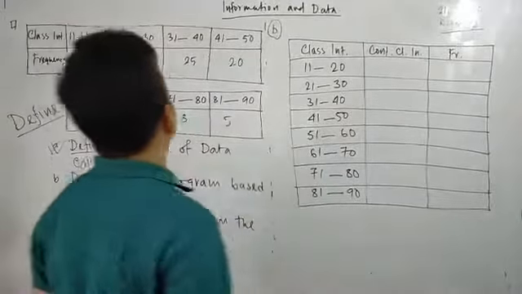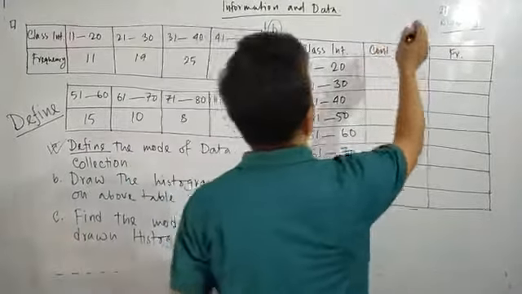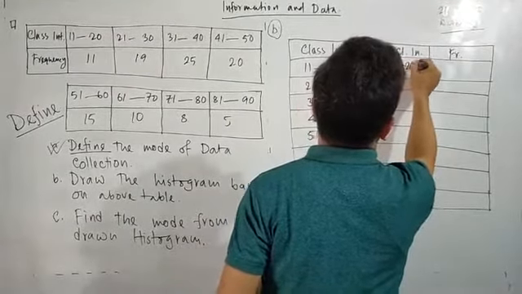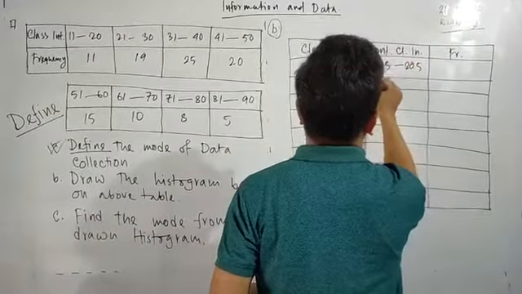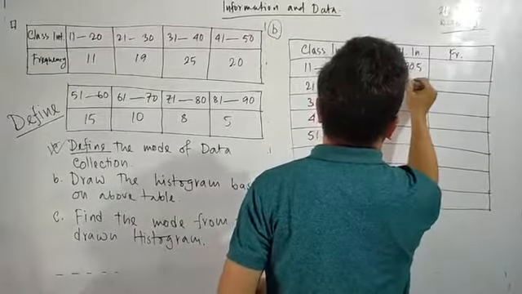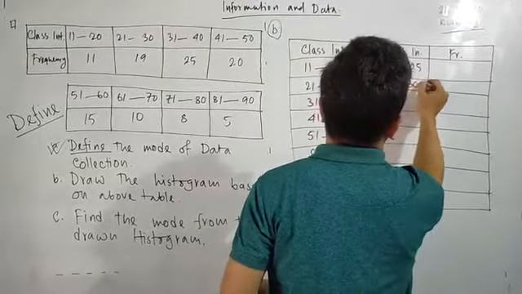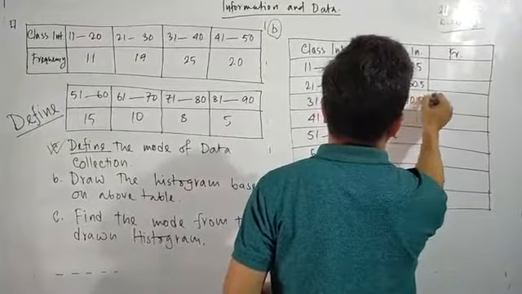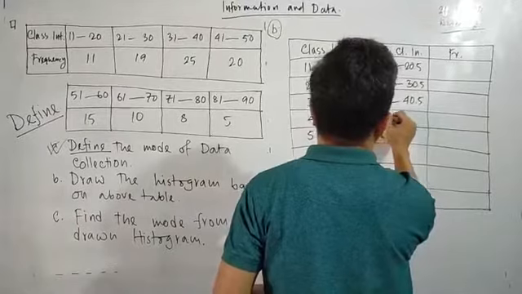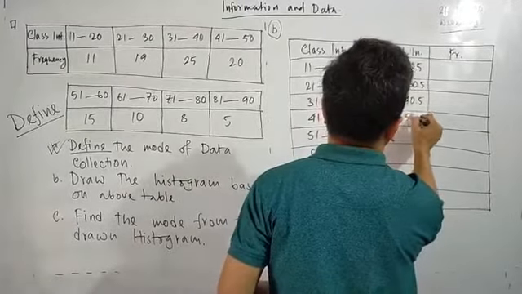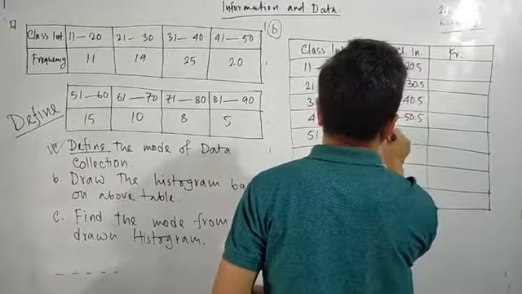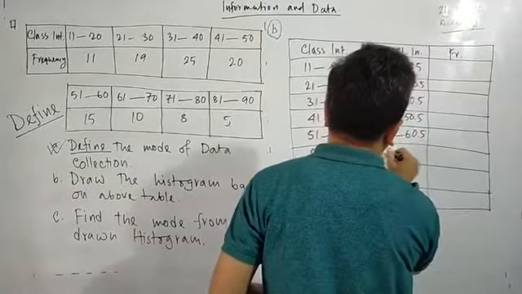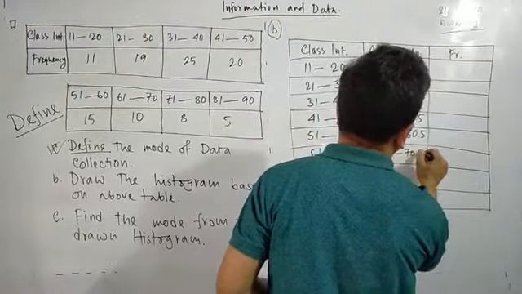We have to convert to continuous, so it should be 10.5 to 20.5, 20.5 to 30.5, 30.5 to 40.5, 40.5 to 50.5, 50.5 to 60.5, 60.5 to 70.5.